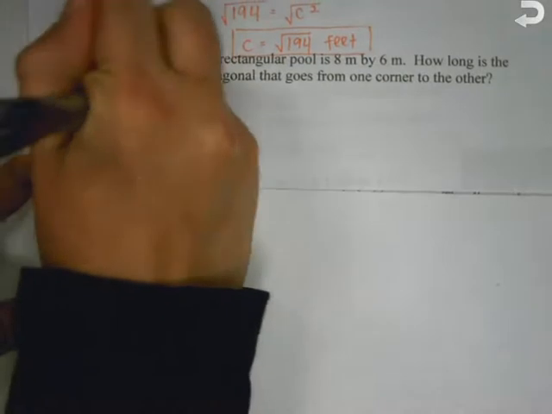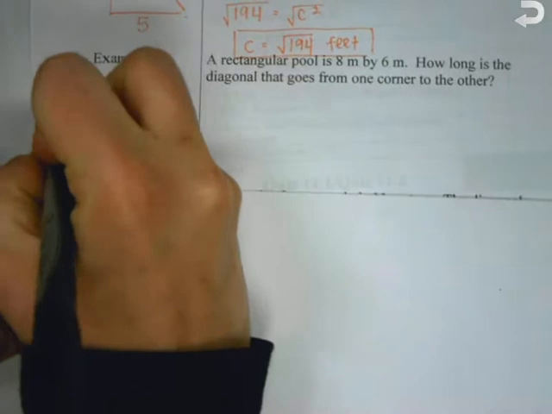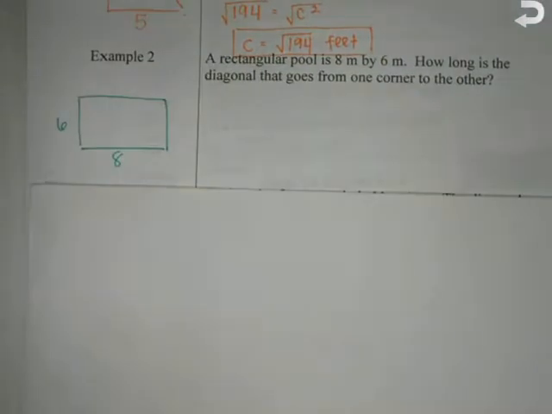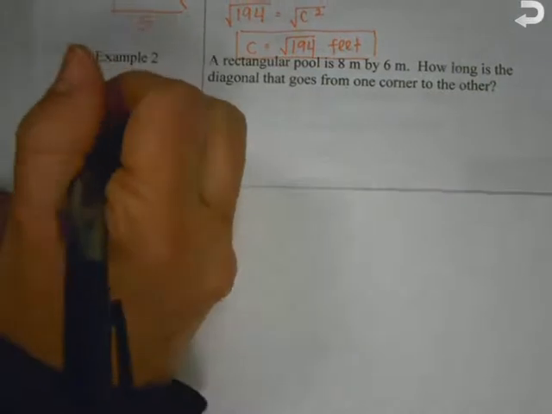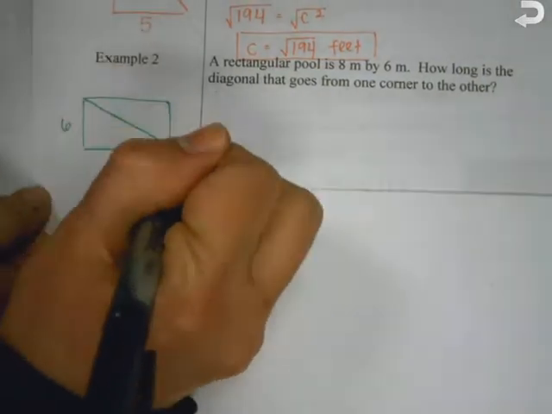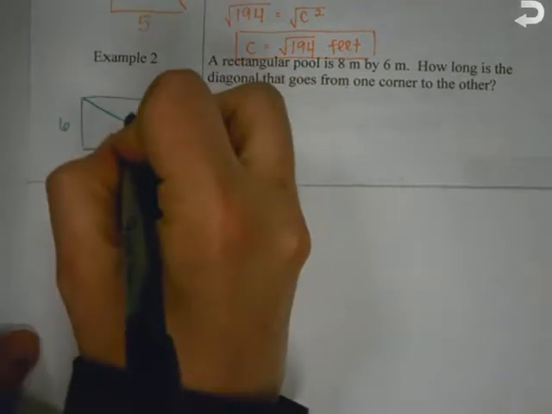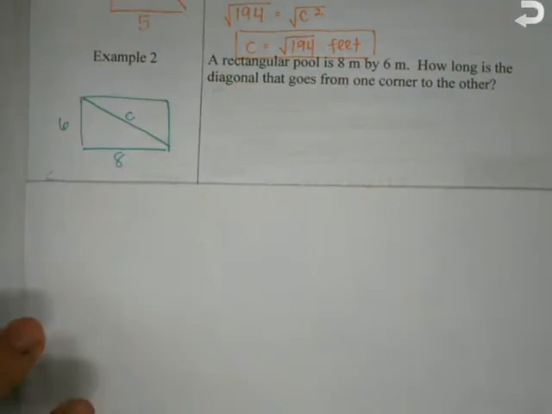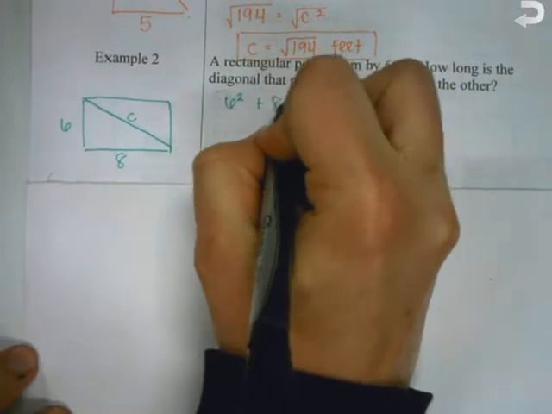So the first thing I'm going to do is draw that pool. 8 meters by 6 meters. How long is the diagonal that goes from one corner to the other? So here's the diagonal. What are you going to call that diagonal? Hypotenuse. C. So let's plug it in. That's 6 squared plus 8 squared equals C squared.